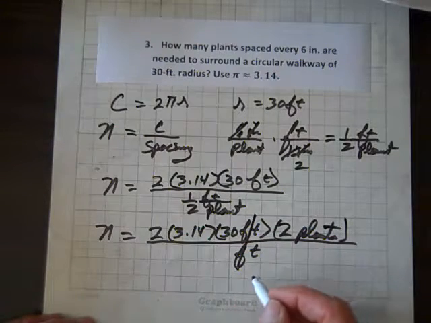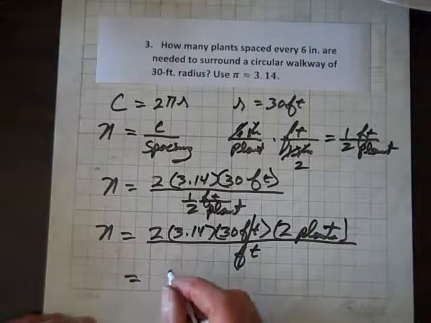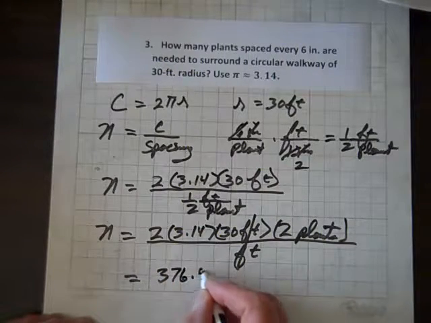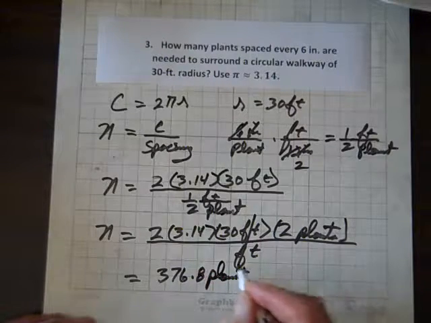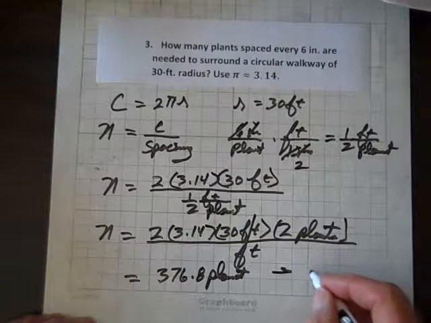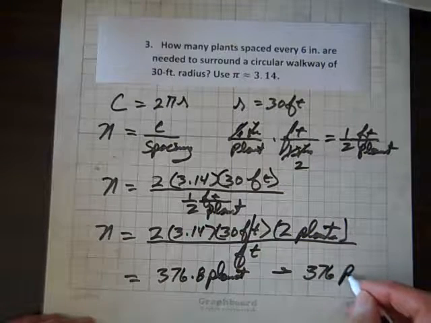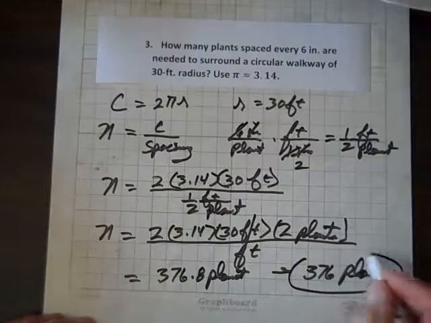The feet divide out, and when we compute this product, we get 376.8 plants. Well, we can't have 0.8 plants, so we'll round that down to 376 plants. And we're done with that.